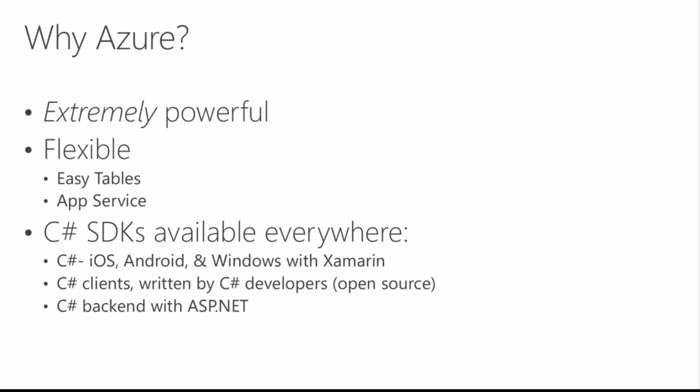And finally, we're talking about C# here. There is C# everywhere. Obviously, for Xamarin, we can do iOS, Android, and Universal Windows with the same code base. We can do the C# backend with ASP.NET, and the clients and the server code are all open sourced.